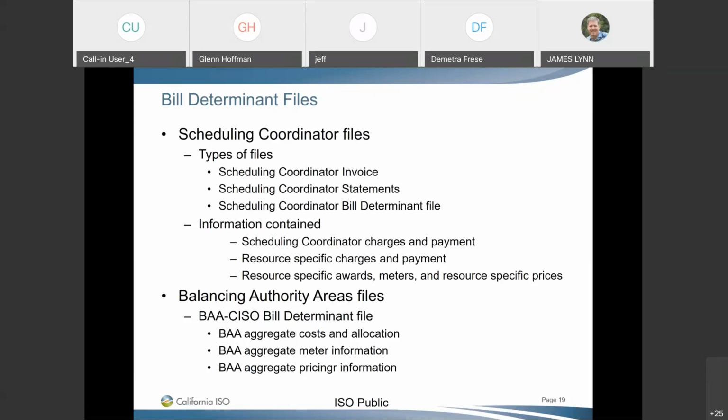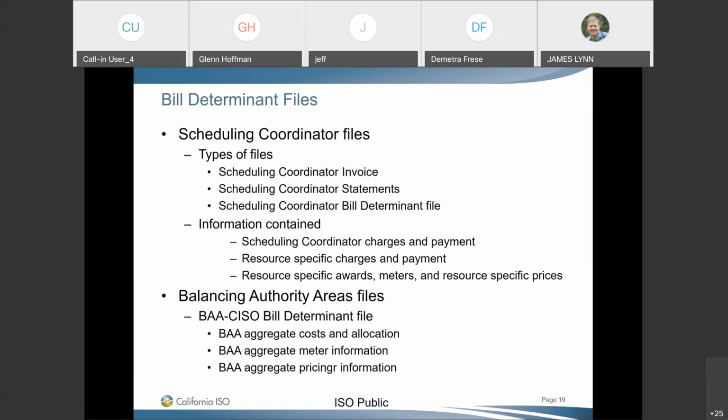These bill determinant files give you all the information on how the ISO calculated your trade date statements. Your trade date statements will then tell you what your invoice is going to be. So they kind of roll up together. Now, as I said, the information contained is all SC specific.